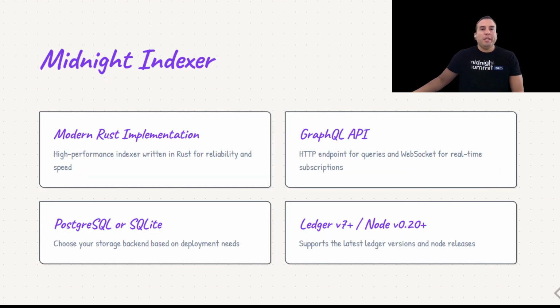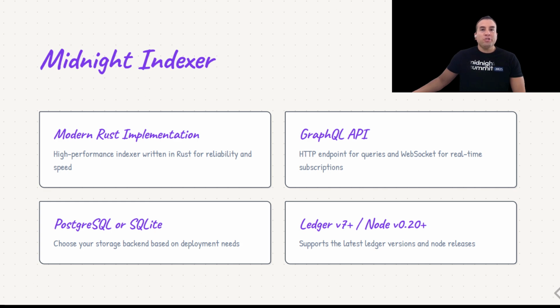The official Midnight indexer is where the real action happens. It's written in Rust for performance and reliability. It exposes a GraphQL API with two modes: HTTP for standard request-response queries and WebSocket for real-time subscriptions, so you can get notified as new blocks come in.